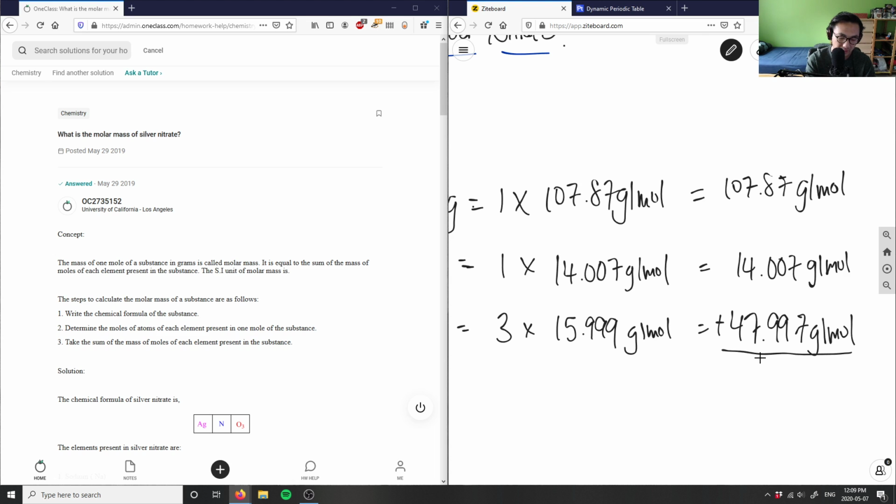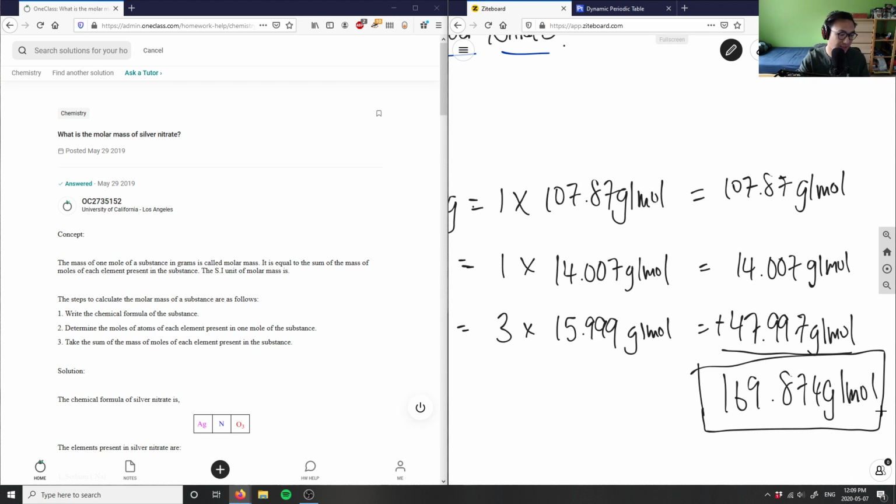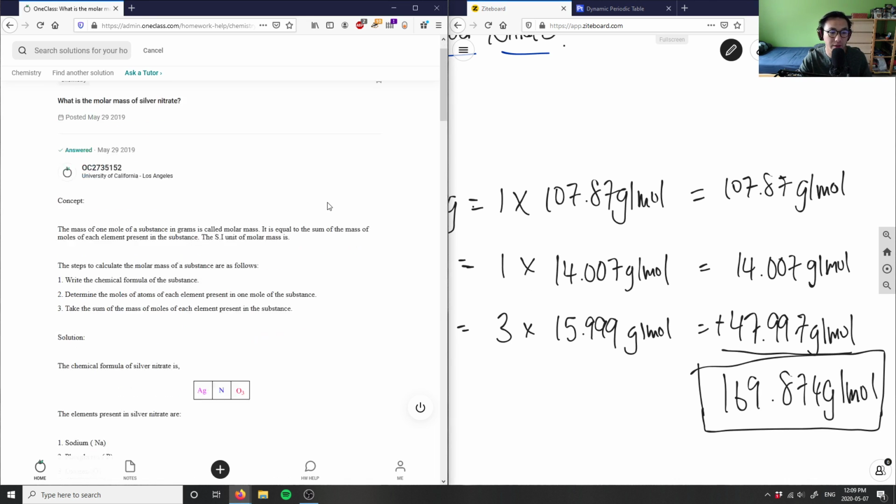So we have 107.87 plus 14.007 plus 47.997, and that will give us the total molar mass of silver nitrate. So this here is our answer: 167.874 is our answer for the molar mass of silver nitrate.